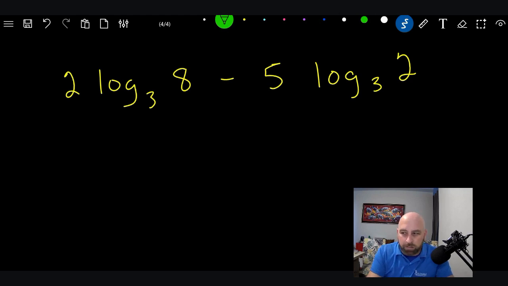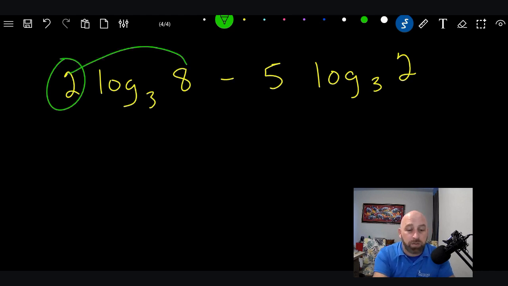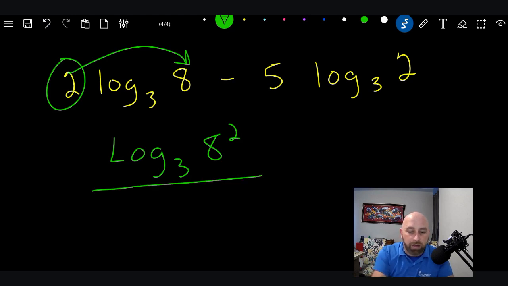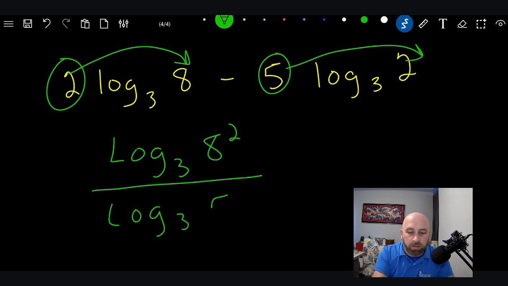What's going on here? Well, what's going on is this is the exponent, so this is going to go here. So we're going to get log 3 of 8 squared minus, what does that mean? Divided by, and this 5 goes over here. So log 3, 2 to the 5th.